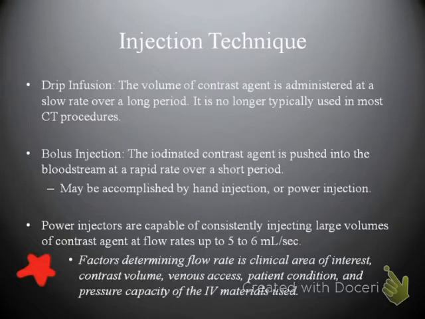Also, patient condition can really be a detriment to how much that you're actually pushing, because as we know, patients with congestive heart failure or things like that may not actually have adequate ability to push the contrast out of the right ventricle and the left ventricle, and so you may not actually get the enhancement that you're shooting for based on the time frame. And then also the pressure capacity of the IV materials. Definitely you want to be mindful of what the IV can actually hold and what its rate is tolerable at, and not exceed that.